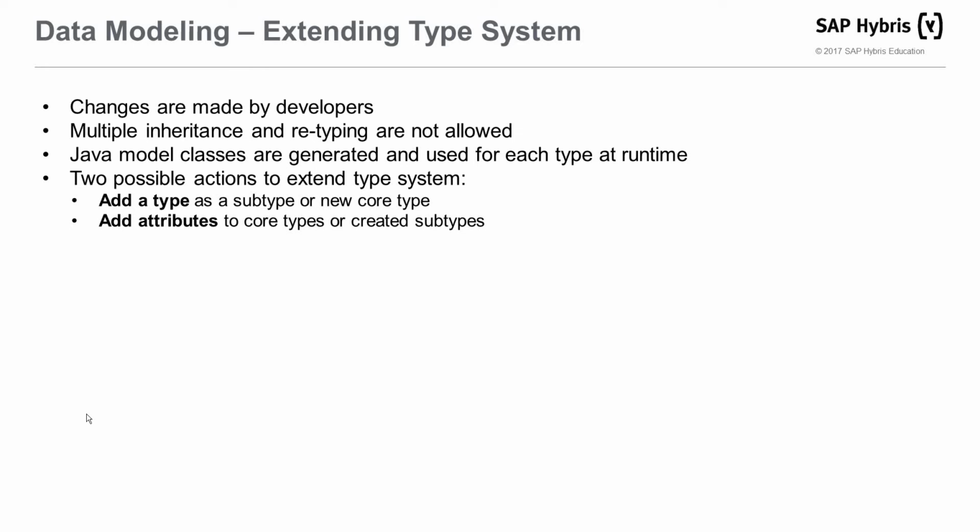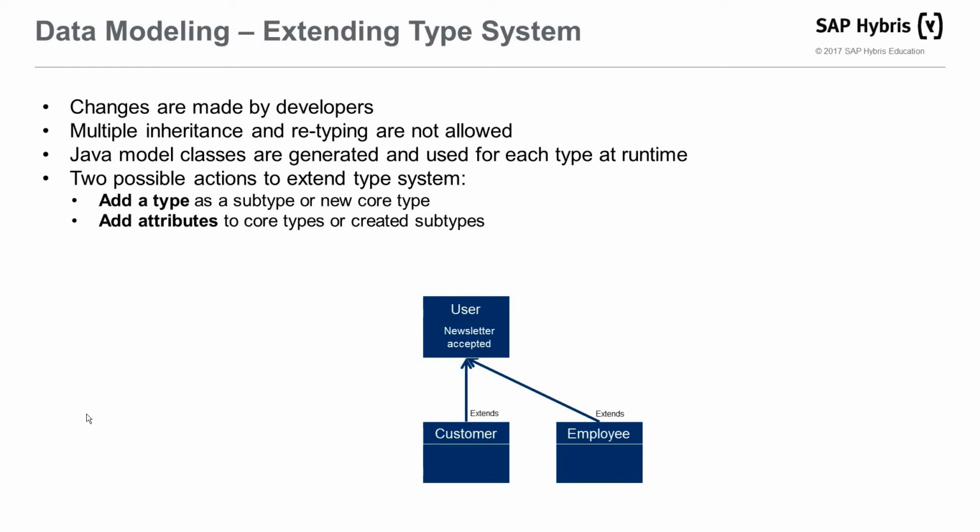Let's say you want to track newsletter registrations for all types of users, including guests. You could choose to add a newsletter accepted attribute to the user type. This attribute would be inherited by customers and employees, the existing subtypes of user. You could then add the subtype guest to user, which would also inherit this attribute.